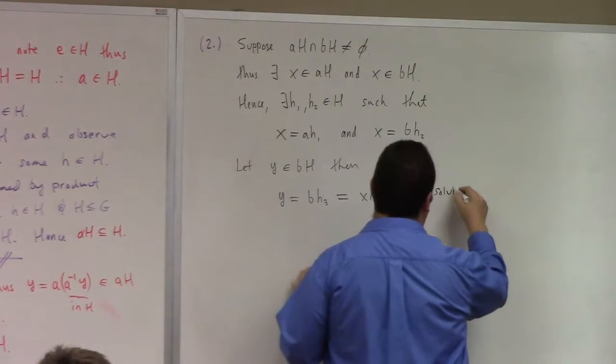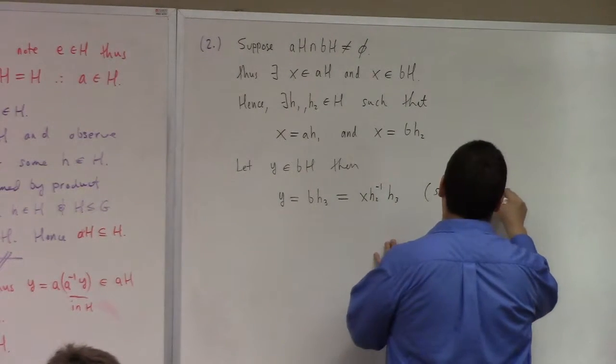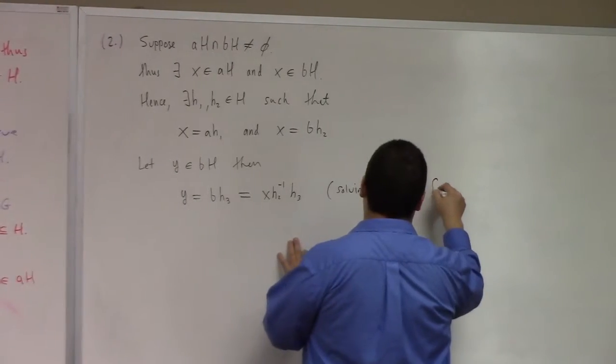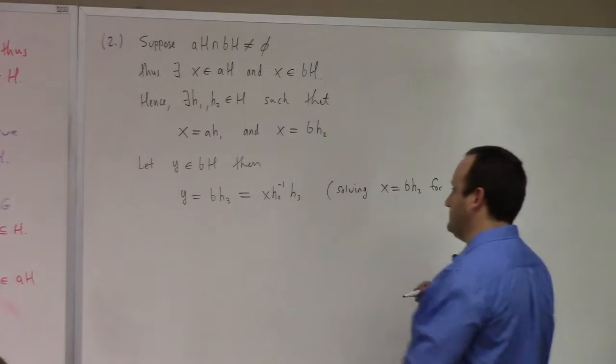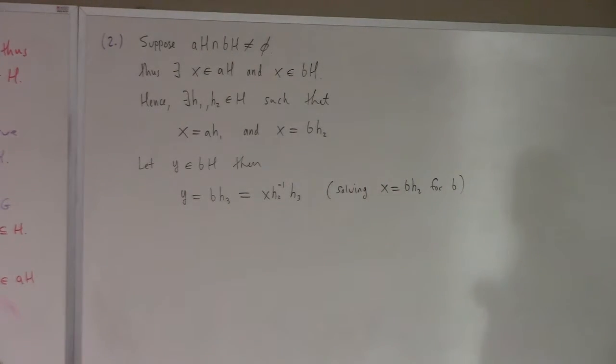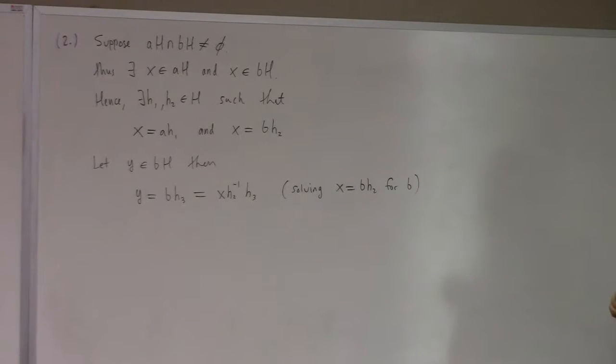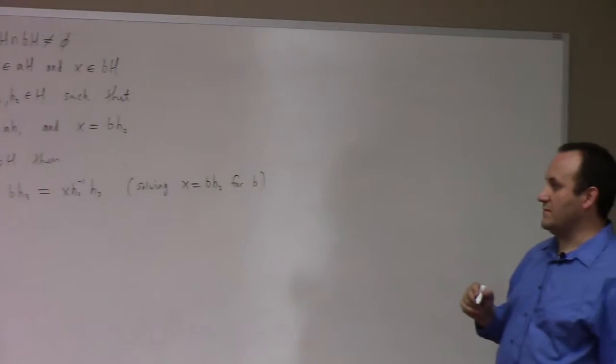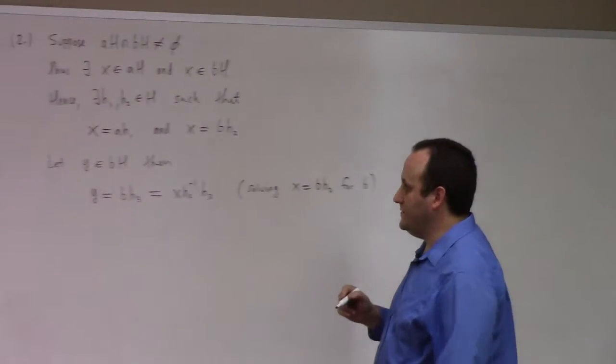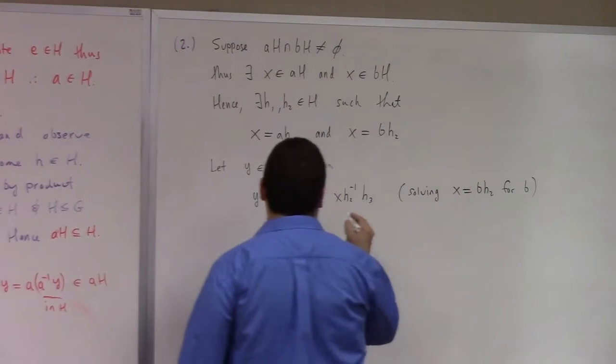So I'm just solving X equals B H2 for B, right? But we can also do what? We can take that X and rewrite it as AH1.